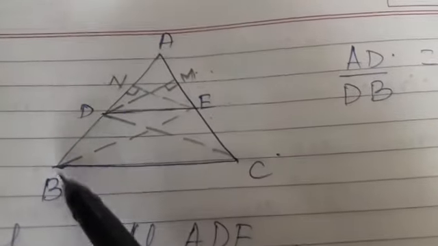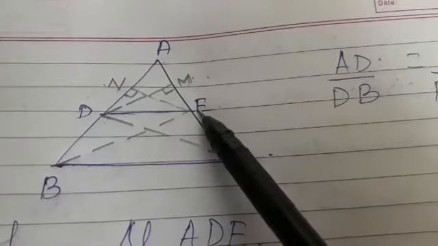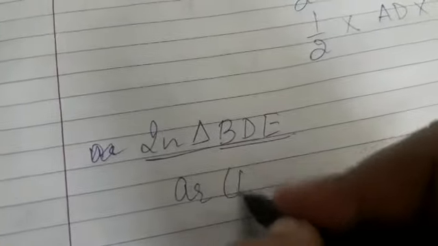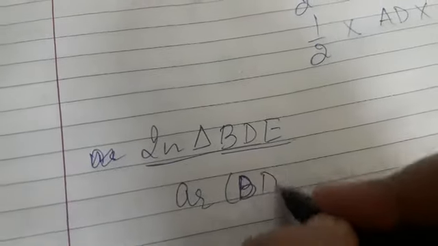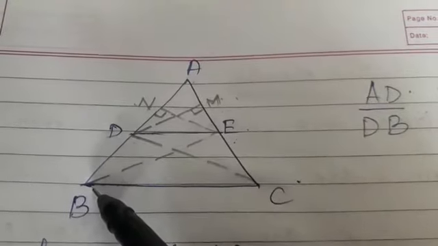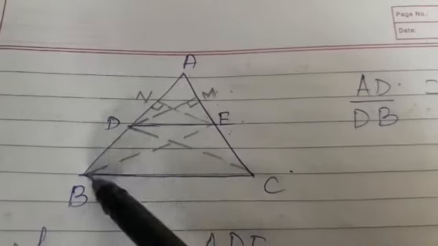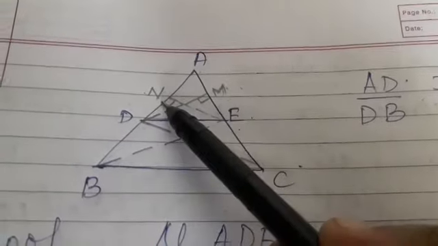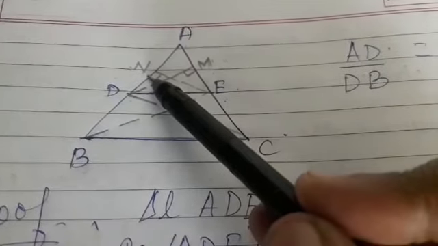Now triangle BDE. In triangle BDE, what is the area? BD will be the base and EN will be the height.